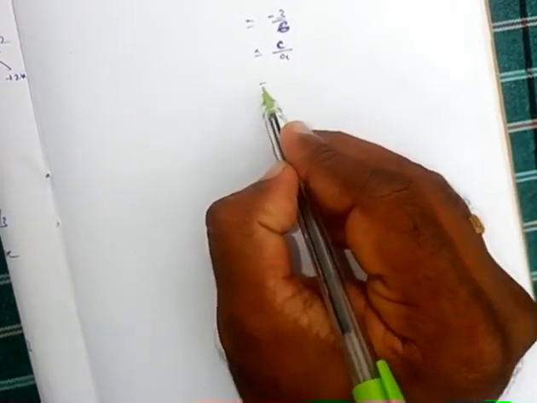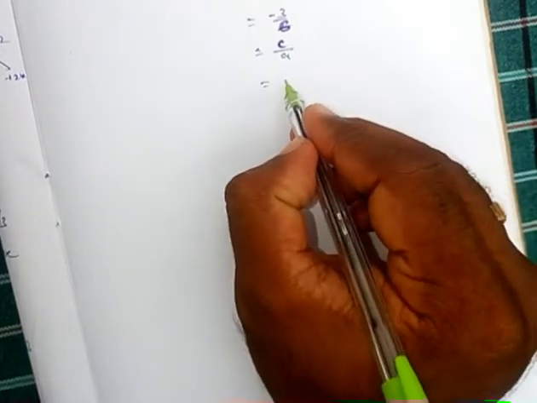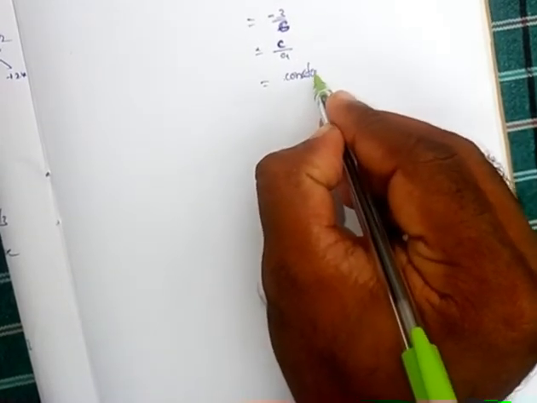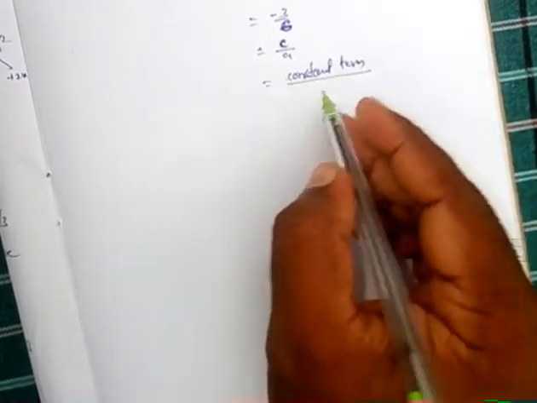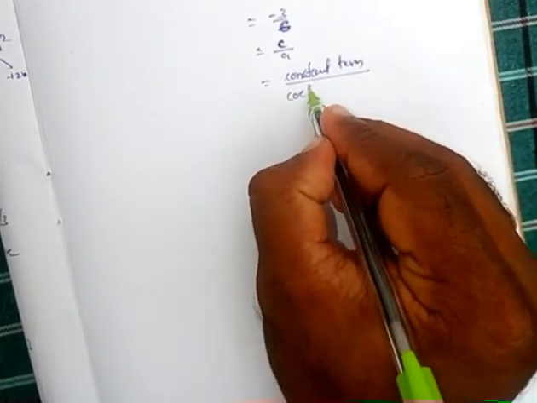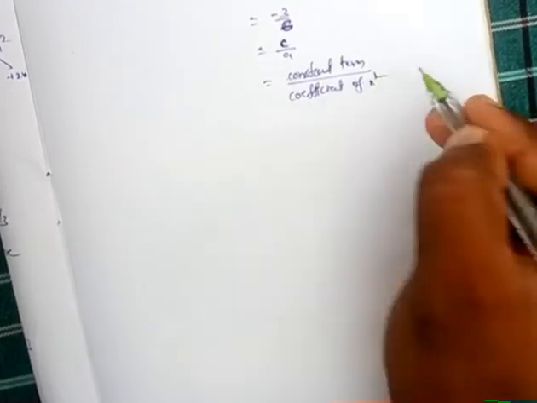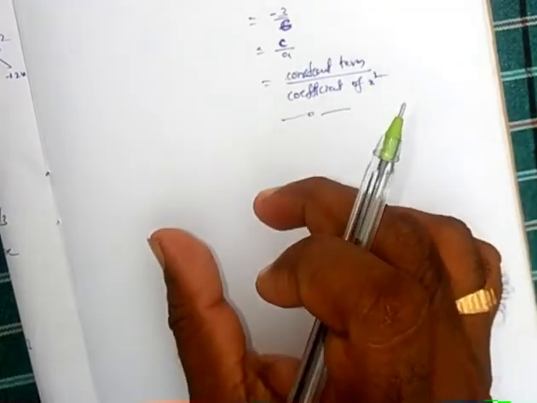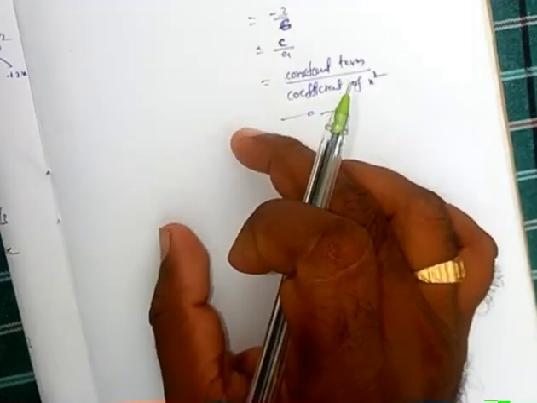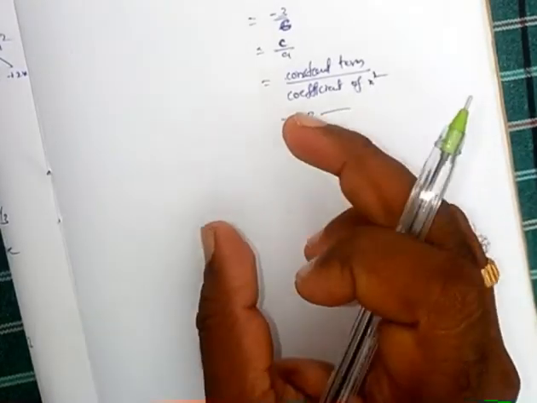Hence second case also verified, and you can write in the place of c constant term, and in the place of a you can write coefficient of x square. Okay children, hence in this problem the relationship between the zeros and coefficients is verified.